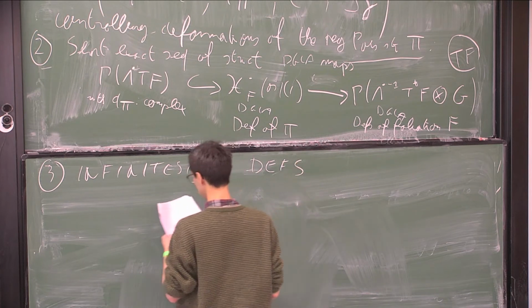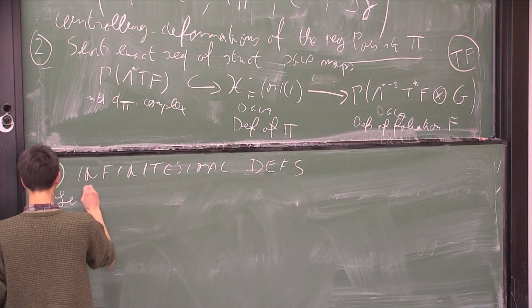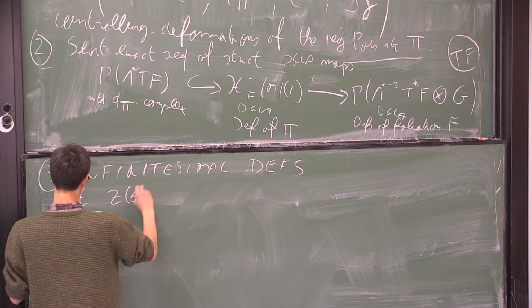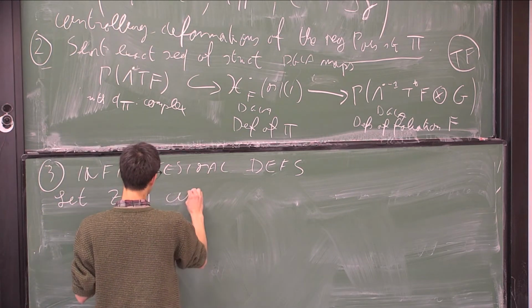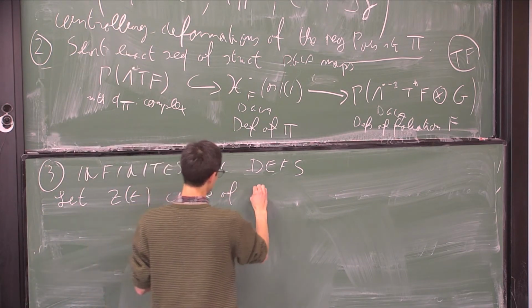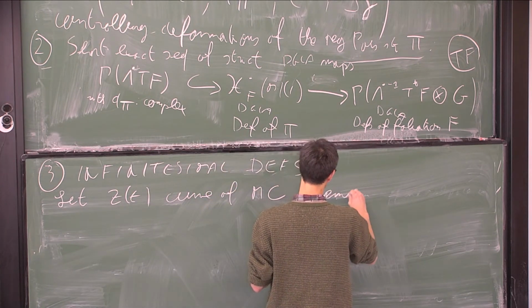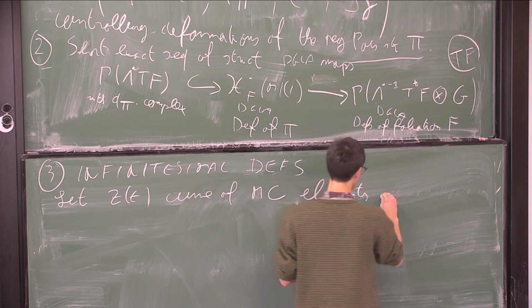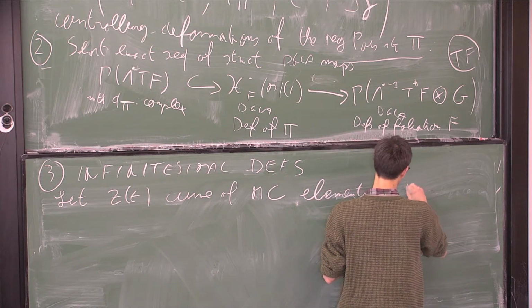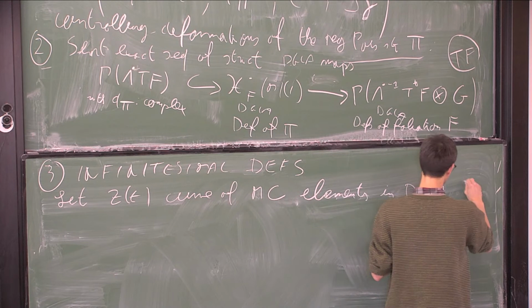Deformations. Okay. So let's take a smooth curve of Maurer-Cartan elements in this DGLA that I just wrote down.